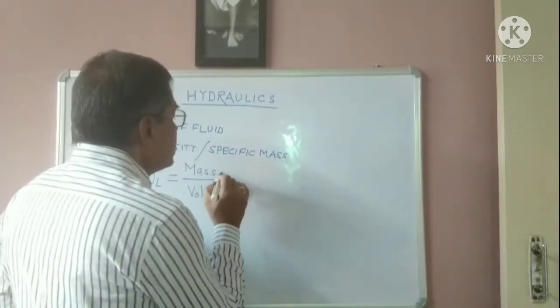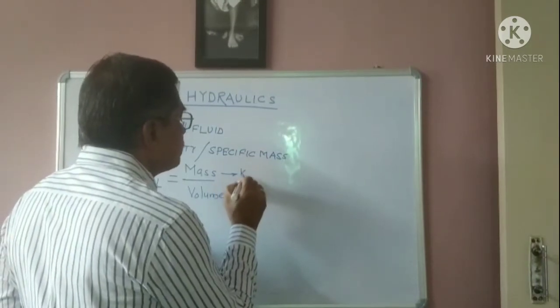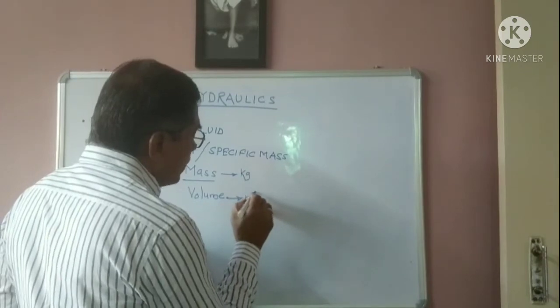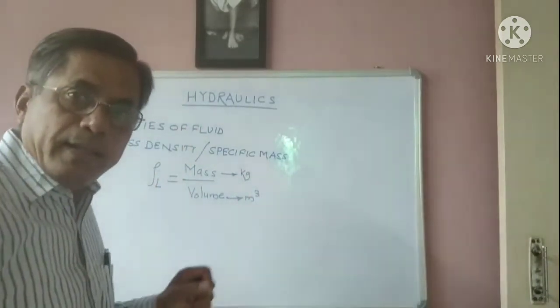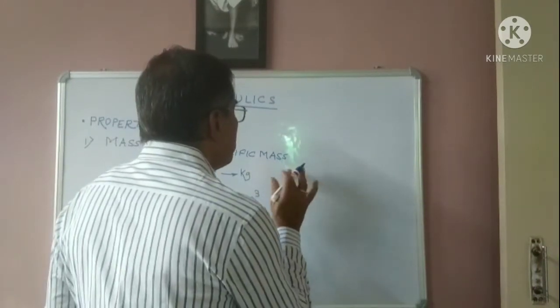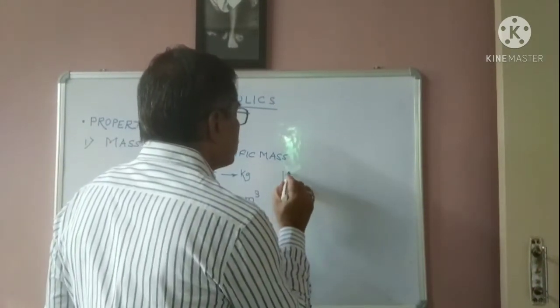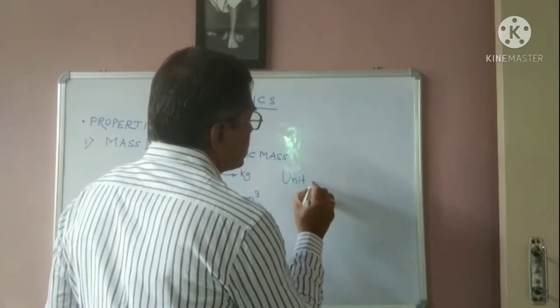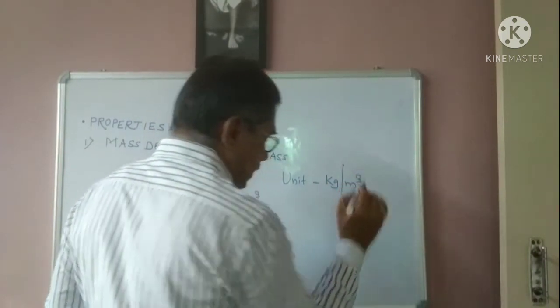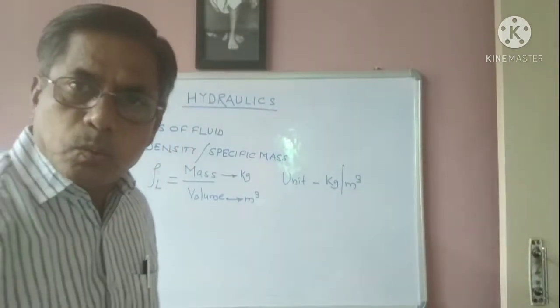So mass is expressed in kg, volume is expressed in cubic meter, and therefore the unit of mass density is kg per cubic meter.